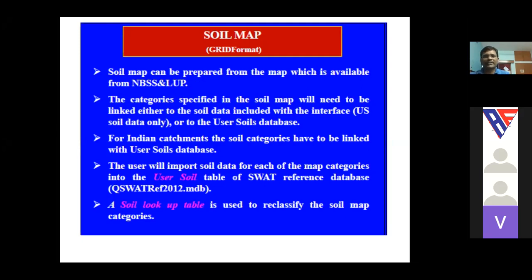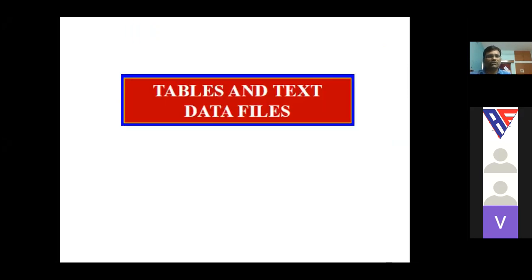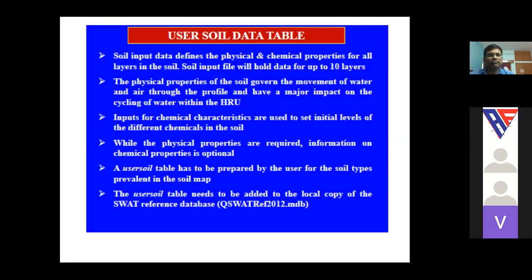Then the spatial data sets. Then the streams and user defined watershed outlets we have to provide, then tables and text data files. I will show you that during the demonstration.